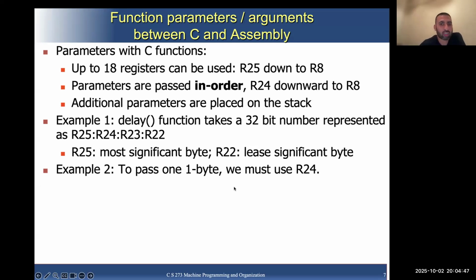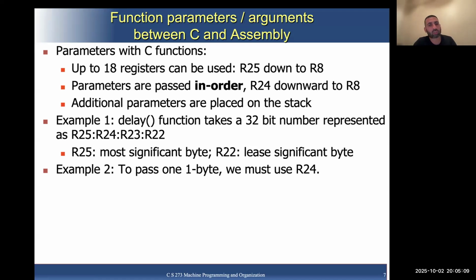So let's say we are writing a program where we want to pass only one parameter which is of size 1 byte, then we use only R24. We don't use R25. Remember I said they are used in pair. R24 and R25 are used as a combination for a 16-bit value, right?